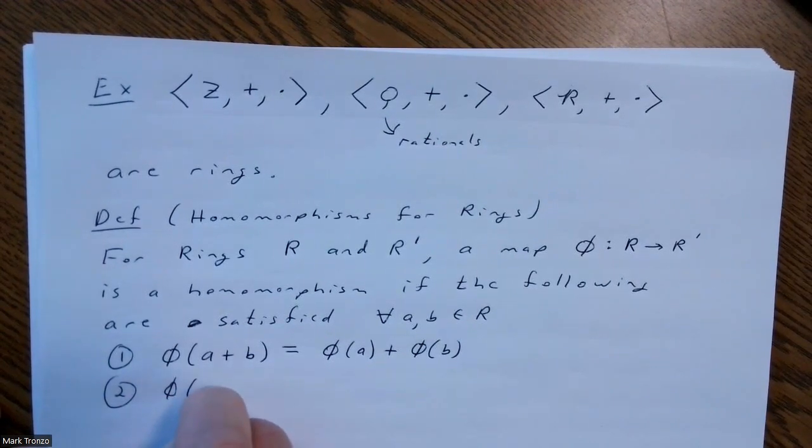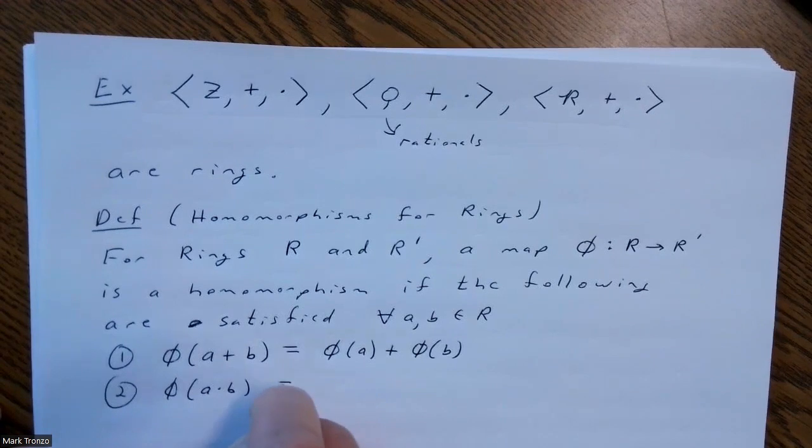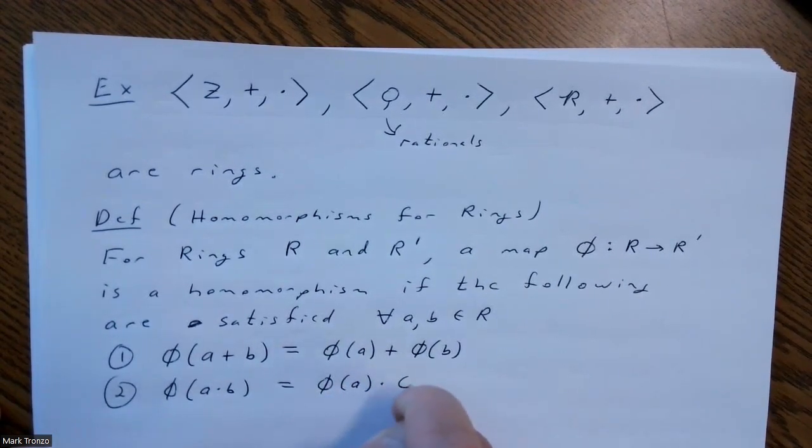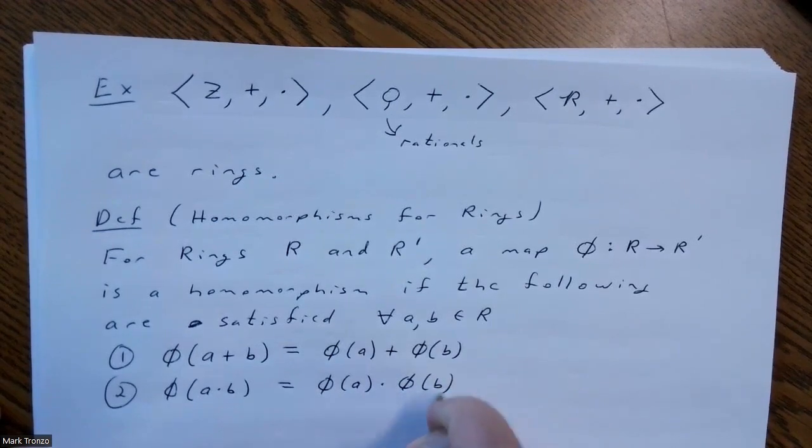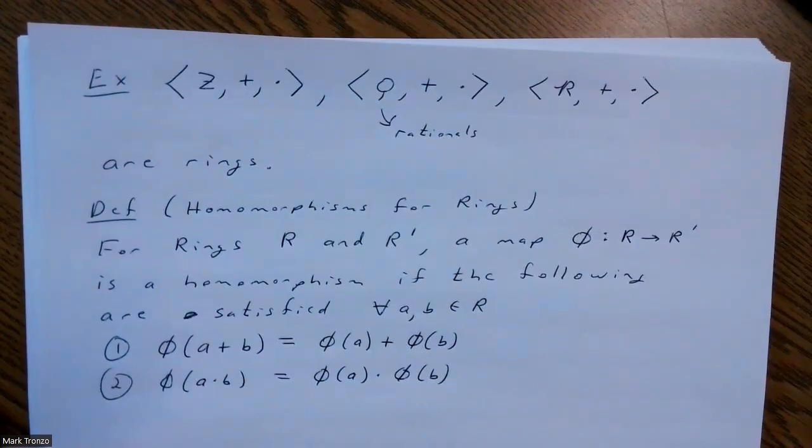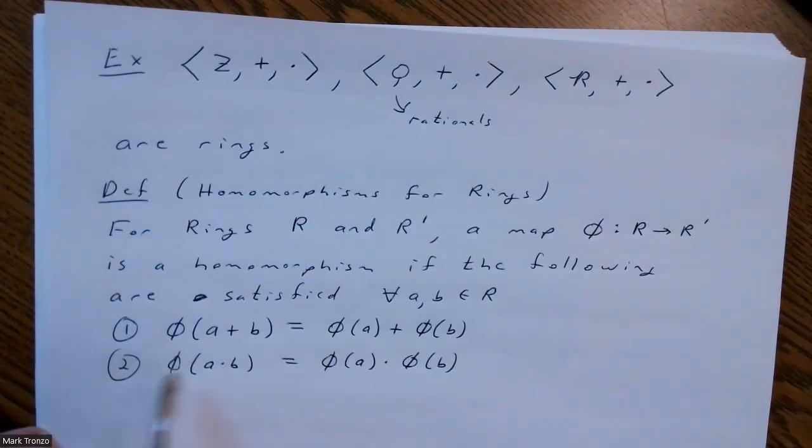So if you have, say, A, B, like this, mainly what it has to be is a homomorphism under both operations.